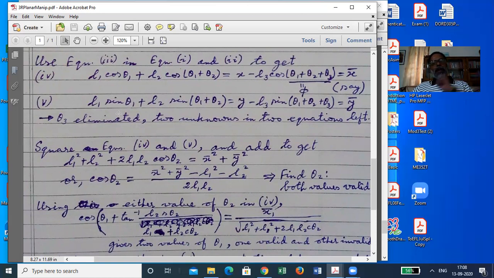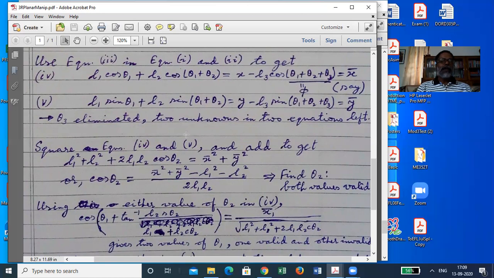And one straightforward way to do it is to exploit the way the unknowns are appearing: cos, cos, sin, sin. And you know cos square plus sin square of any angle is 1. That means it does not depend on the angle. So what do you do? You square both sides of this equation, you square both sides of this equation and add them.